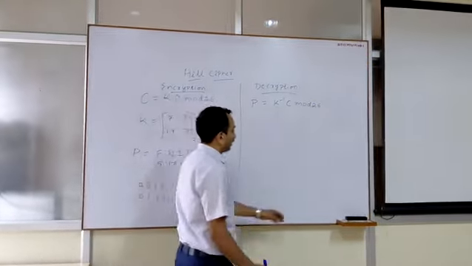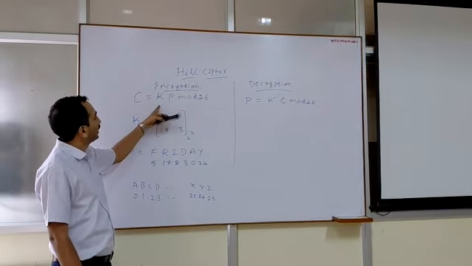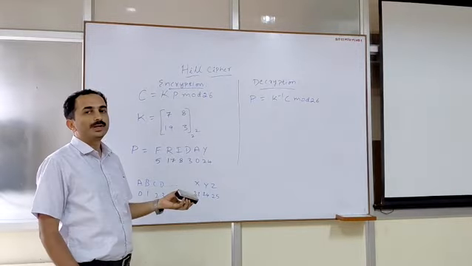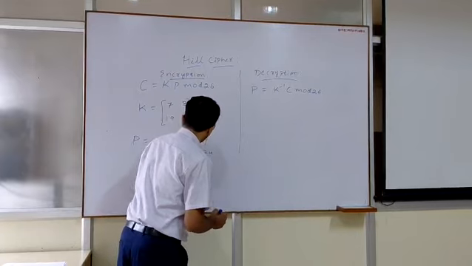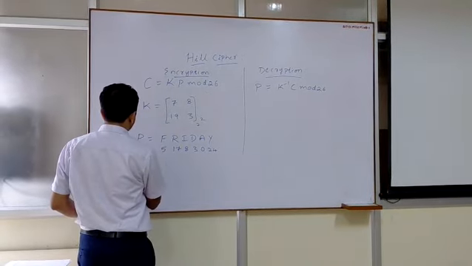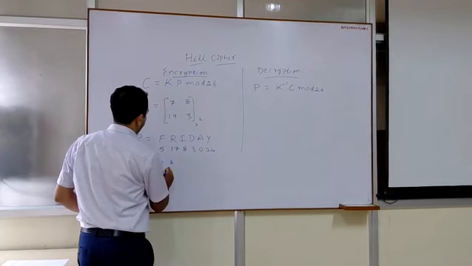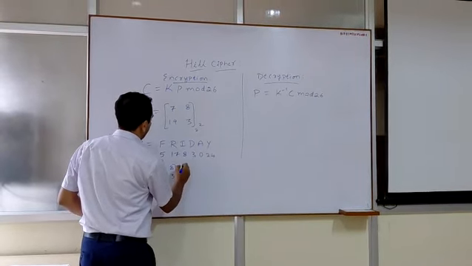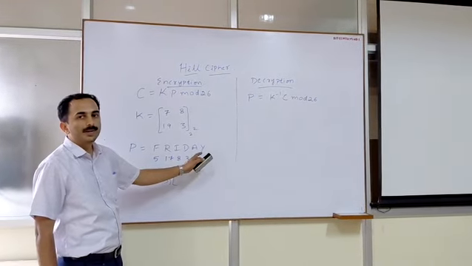We apply the algorithm: ciphertext is K times P mod 26. We need to do the matrix operation here, so C equals K, which is 7, 8, 19, 3, times the plain text.